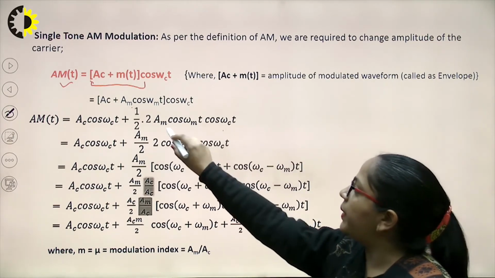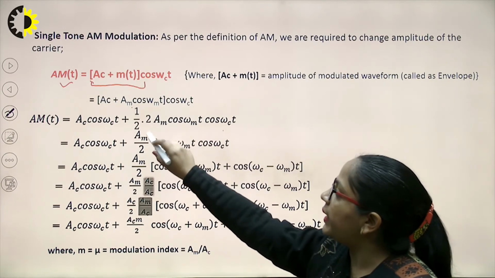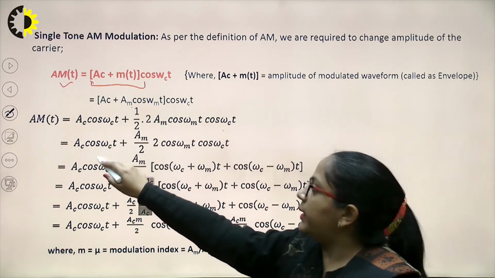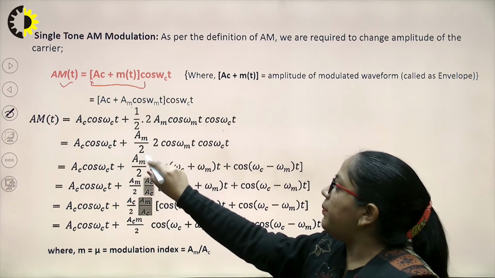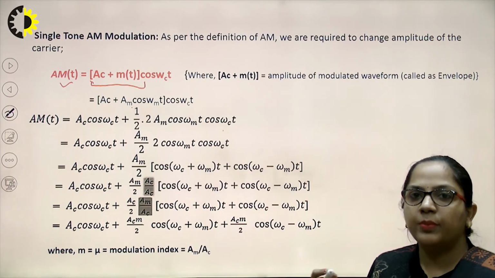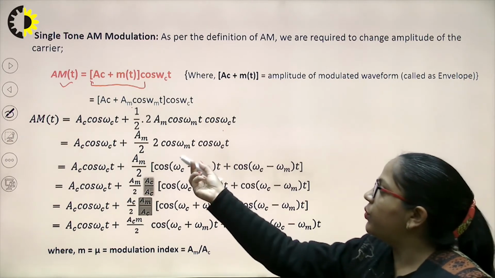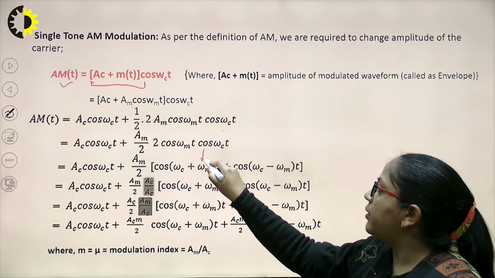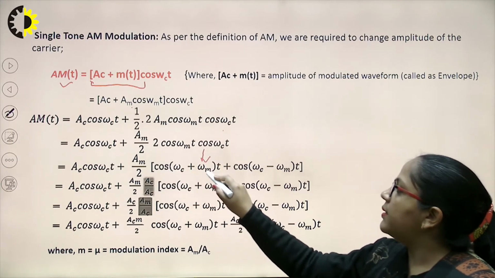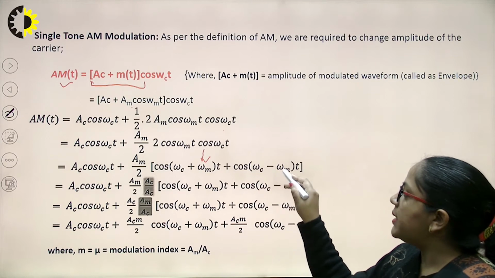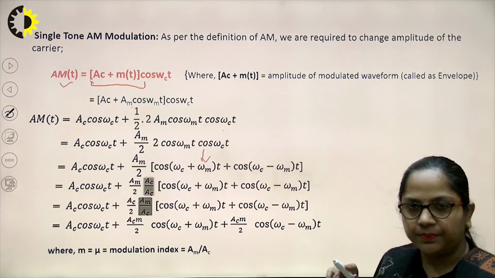So we get Ac cos ωc t plus Am/2 times 2 cos A cos B. With the help of the trigonometric relationship, we can write this expression as cos(ωc + ωm)t plus cos(ωc − ωm)t.